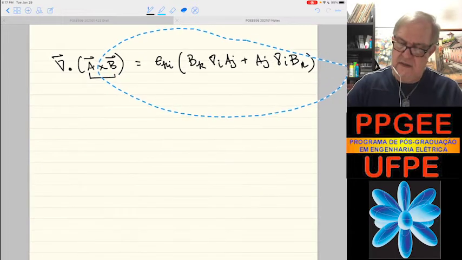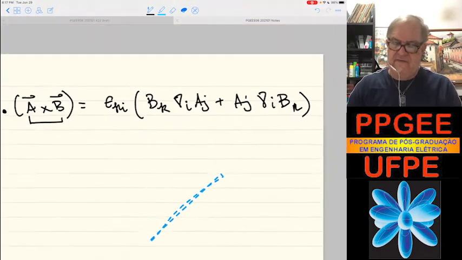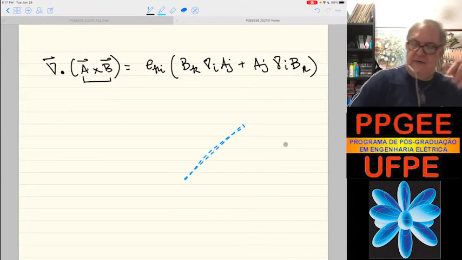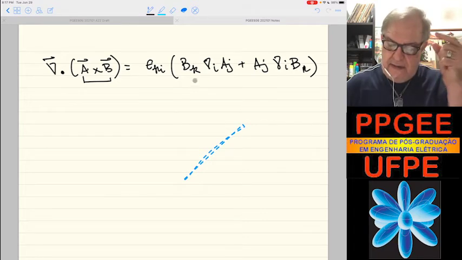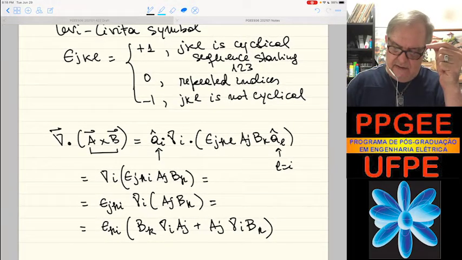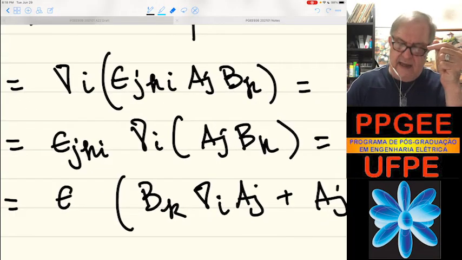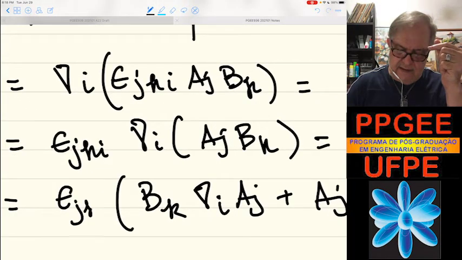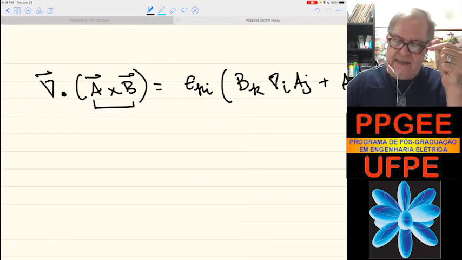Now I'm going to play around with the properties of the Levi-Civita symbol. I think I made a typo here. Sorry, this is jki. I can play around with the indices.